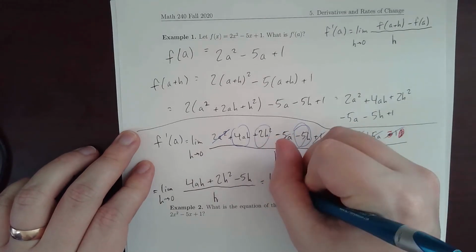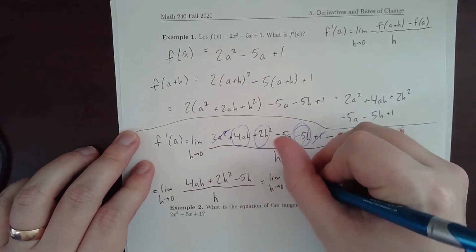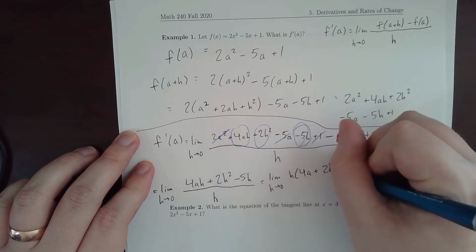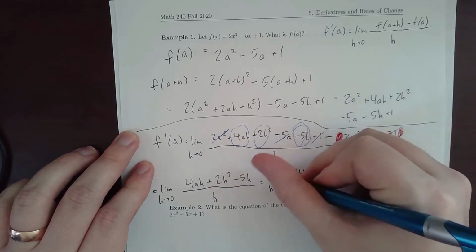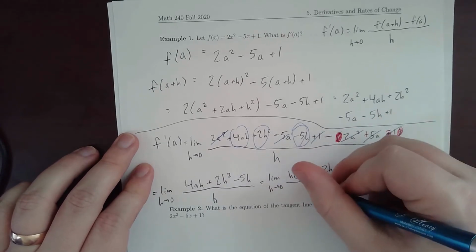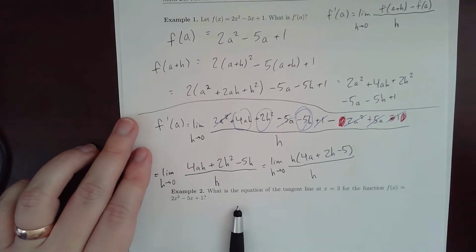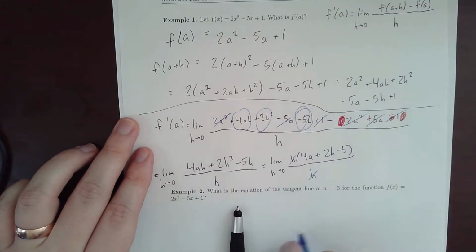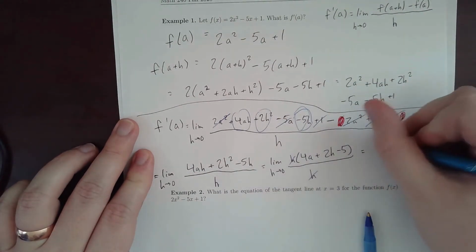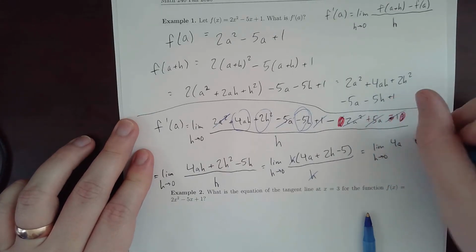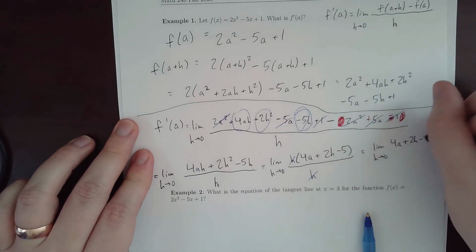So limit as h approaches 0 of h times 4a plus 2h minus 5, all over h, then this will mean that our h's will cancel. We get the limit as h approaches 0 of 4a plus 2h minus 5.